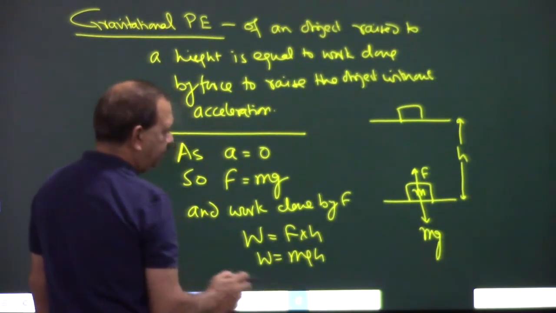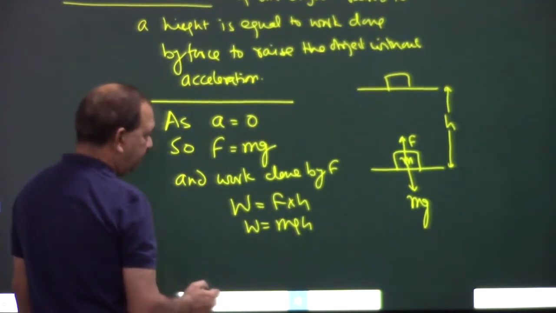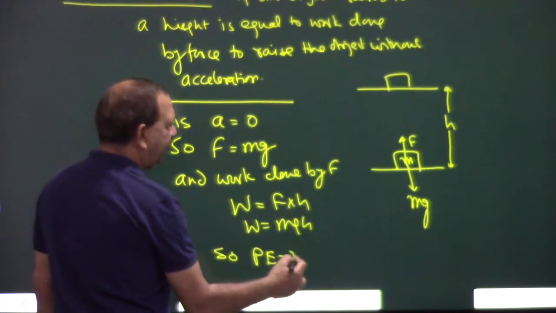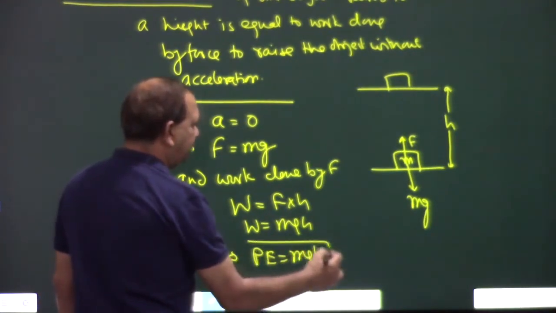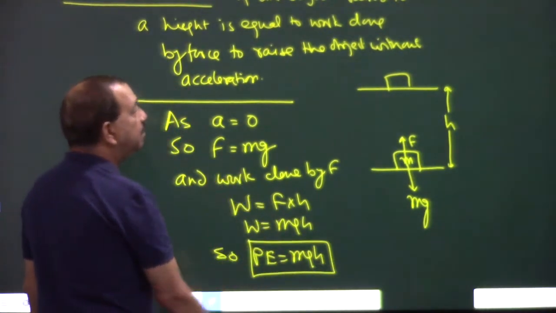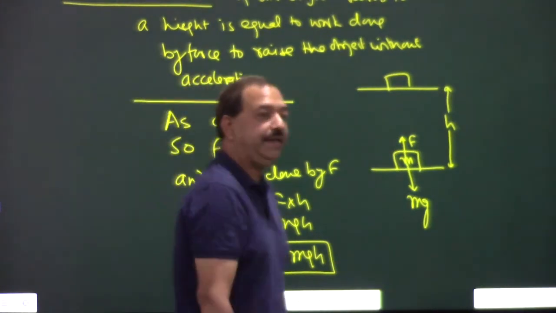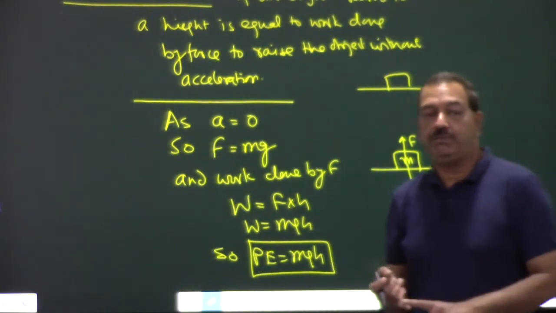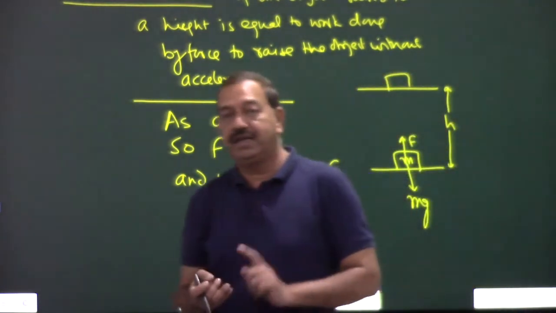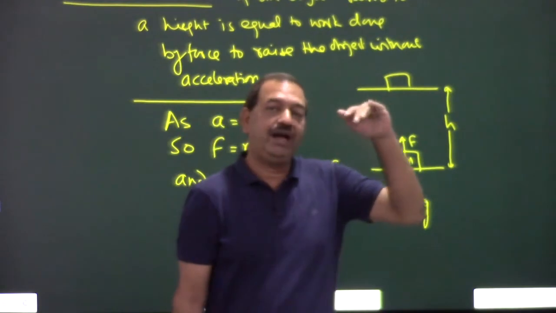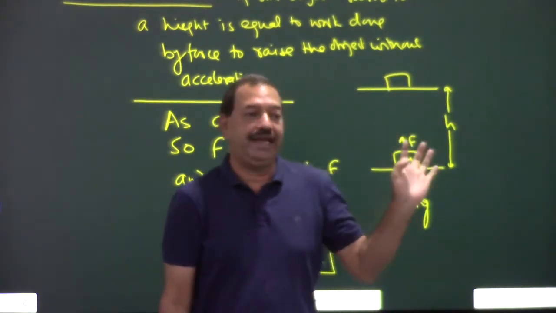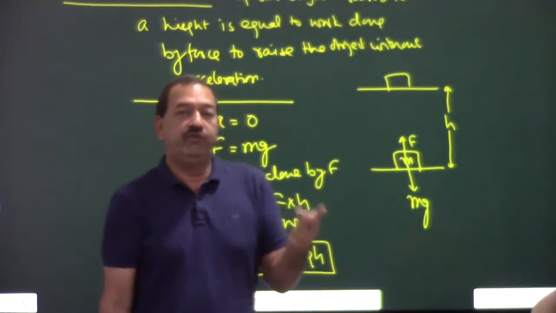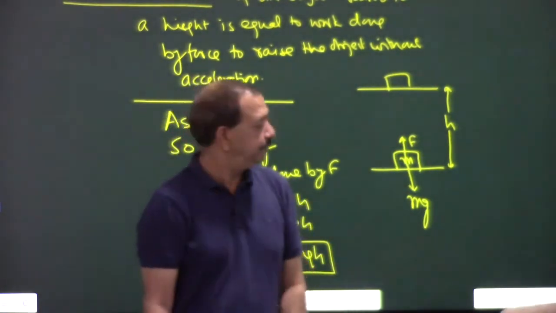By definition, this work equals potential energy. So potential energy of the object is mgh. That is the gravitational potential energy because of the position of the object in gravity. If an object is raised to a height h, then its potential energy changes by mgh, which is equal to the work done by the force to raise the object.